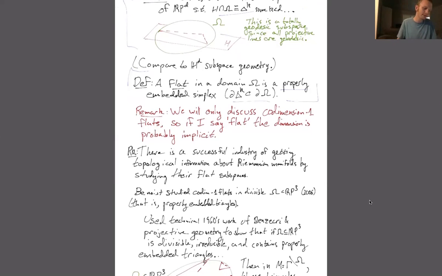And for the rest of the talk, I'm only going to discuss codimension 1 flats. So if I say flat, I probably mean codimension 1, though I'm going to try to be careful and say codimension 1. Okay.